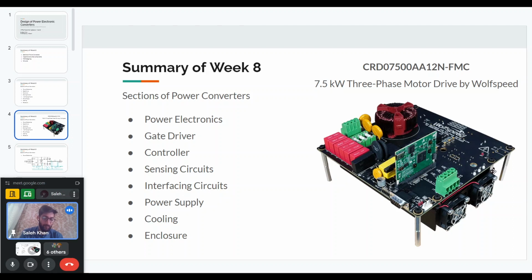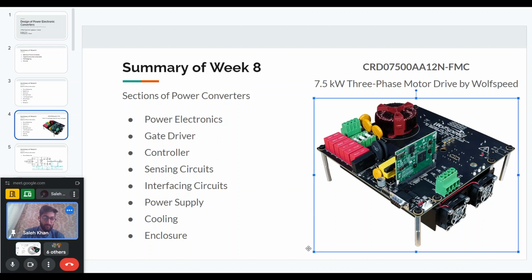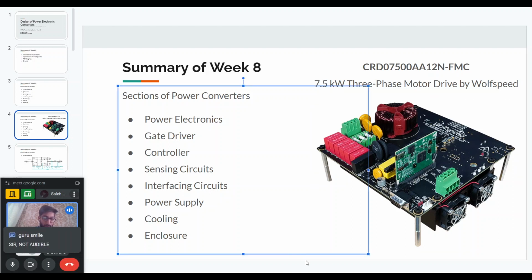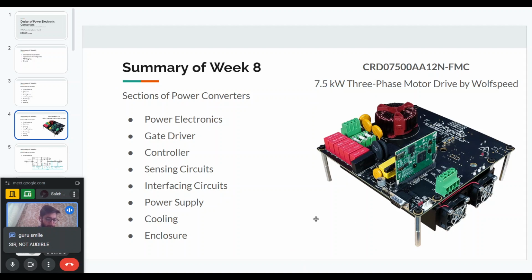They have provided the schematic, the PCB layouts, the design of the PCB, even the bill of materials. All these things are available for free online. It's a reference design, and you can use it to check your design.